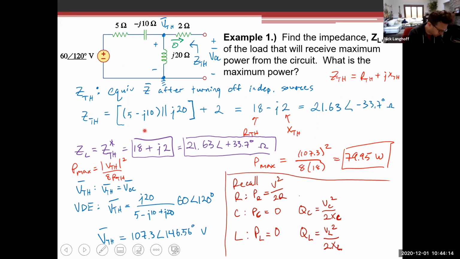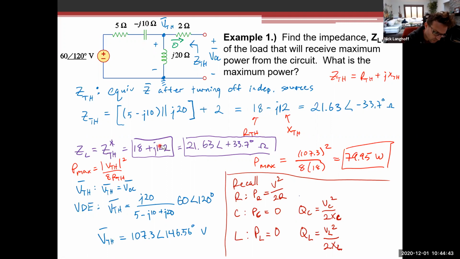I might have written this wrong. I did write this wrong. Sorry, folks. On the previous slide, the reactance in Z Thevenin was actually J12, not J2. So if Z Thevenin is 18 minus J12, then ZL should have been set to 18 plus J12.